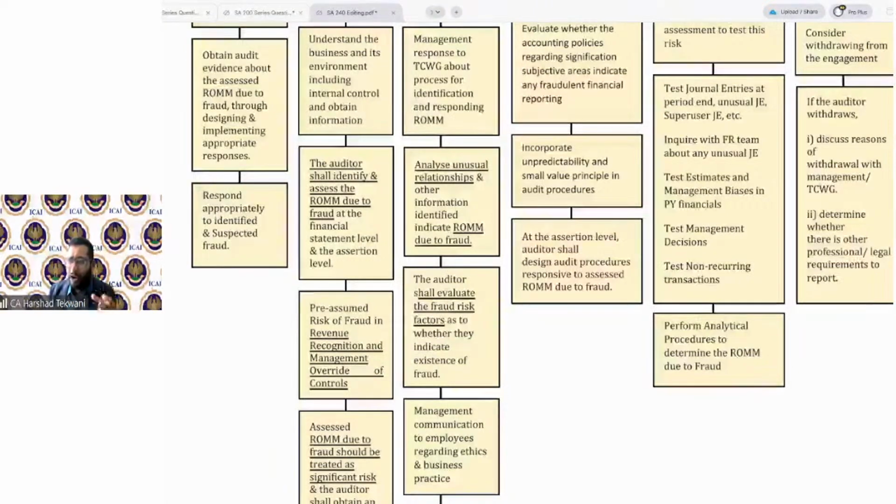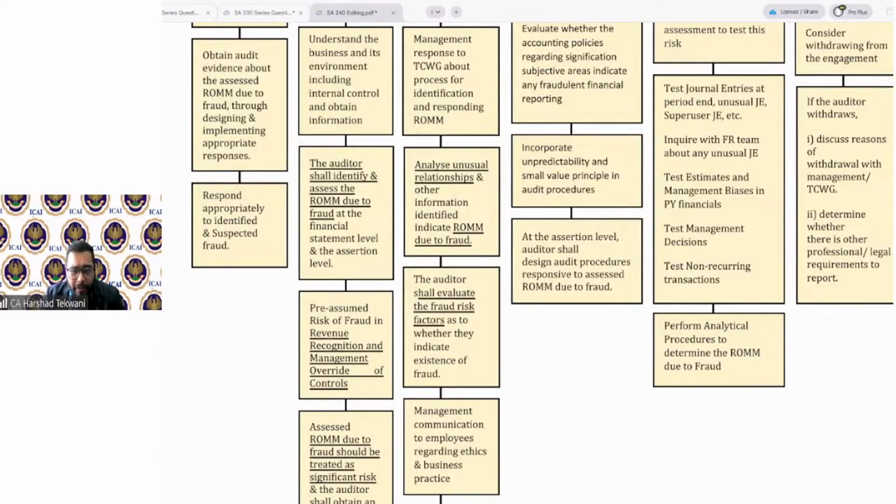For example, if I talk about incentive and pressure, there could be a lot of scenarios which could result in incentive or pressure. Let's say pressure: companies incurring huge losses, and their bonuses are linked to the profit of the company at the year end.